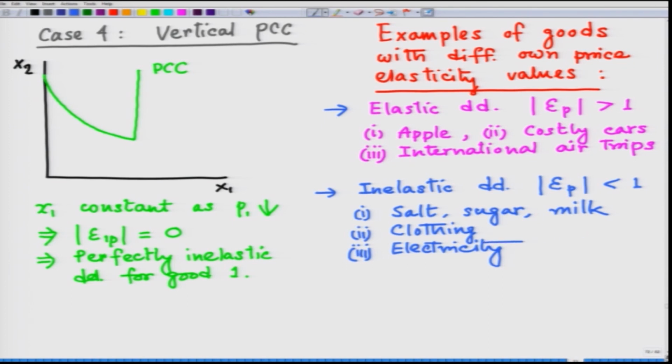Now, what would be an example of unit elastic demand? It is very difficult to get such a real life example. It is also difficult to get an example for perfectly inelastic demand, the fourth case that we have seen, but still there can be some examples for which you can think that elasticity value may be close to 0.